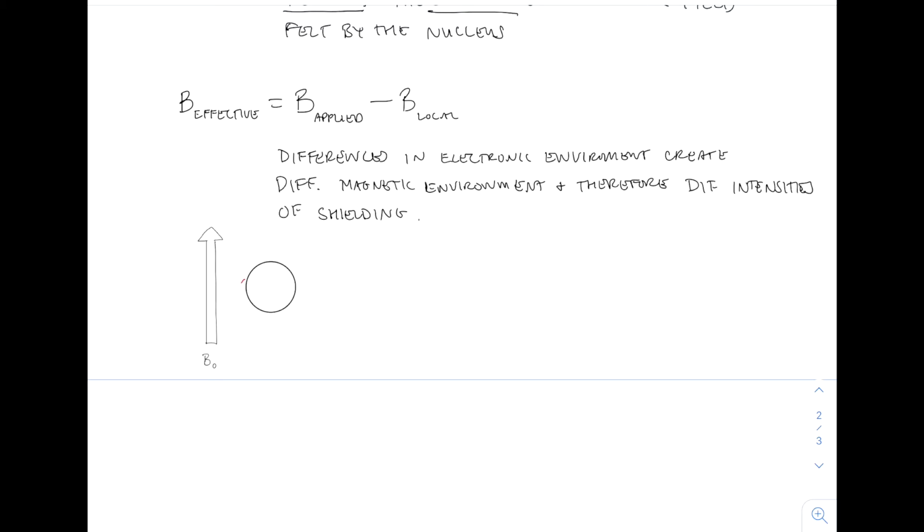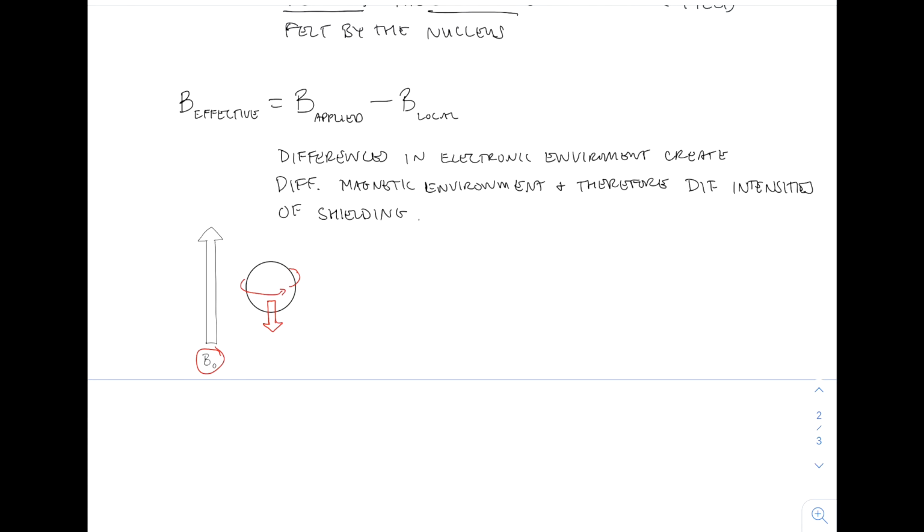Okay, so what we're looking at is, that's a little bit better, right? It's not that bad. It's like Saturn's rings, and we have the applied magnetic field here, and since these electrons are rotating around, we get a magnetic field pointing in the opposite direction, depending on the direction the electrons are flowing, but they will be opposing.